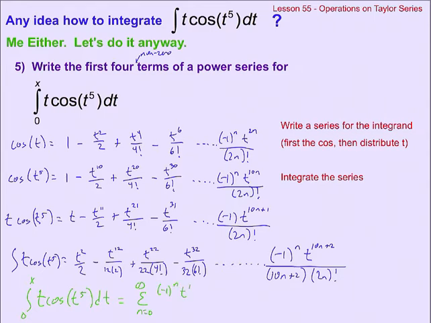Because we have the same thing evaluated, the same antiderivative of the integrand. See, I'm just copying exactly what I wrote in blue one step above, but this time evaluated from 0 to x.